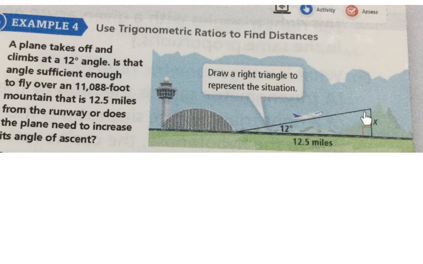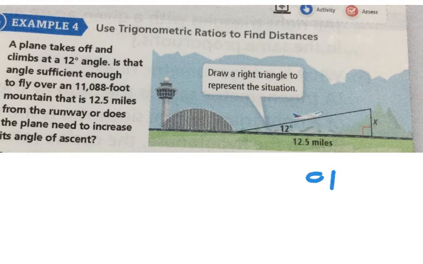So I'm wanting to know how high the plane will be, so I'm looking for this value x, given all this other information. So when I look at the known angle that I have, that's a 12-degree angle, what are the two sides that they give me here in relationship to 12? Well, the x is opposite the 12, so I'm dealing with the opposite side.